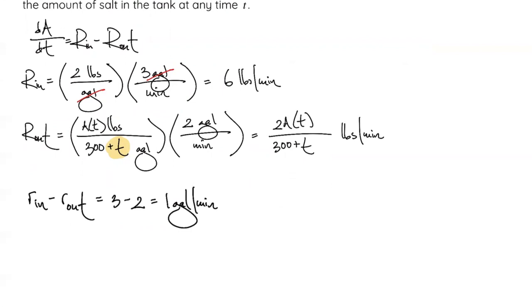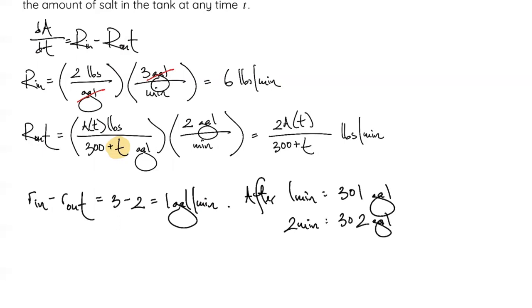That means that every minute we get another gallon in the tank. So after 1 minute, there's now 301 gallons in the tank. After 2 minutes, there's 302 gallons. After 10 minutes, there'll be 310 gallons.